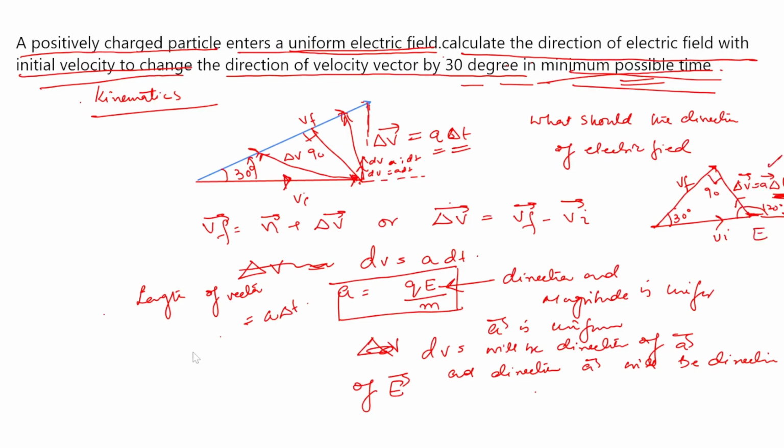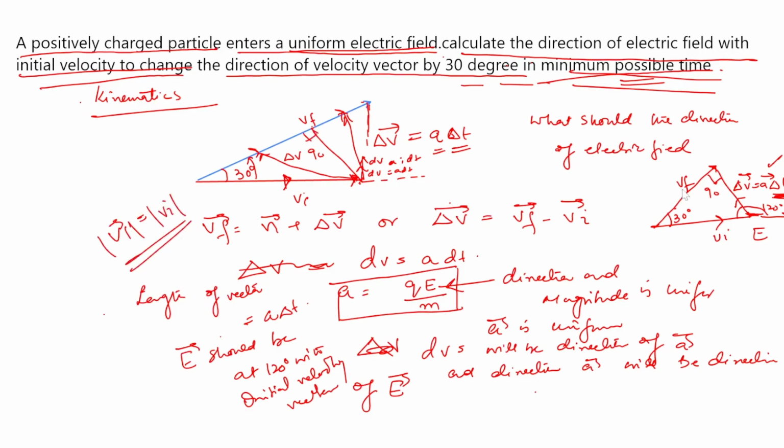So we can say that E should be at 120 degrees with the initial velocity vector. Remember, it is not necessary that the magnitude of the final vector is equal to the magnitude of the initial vector.